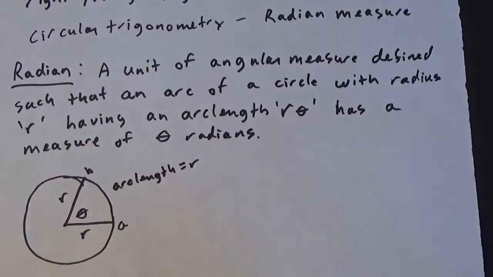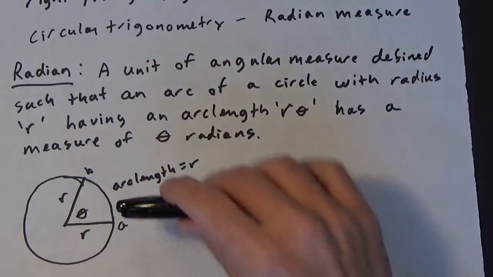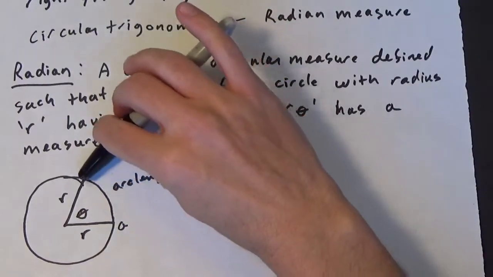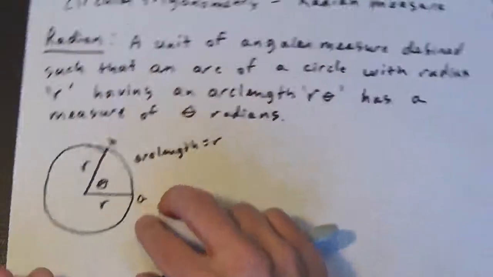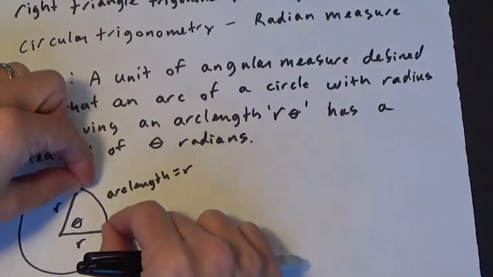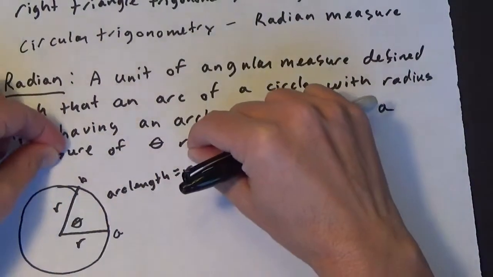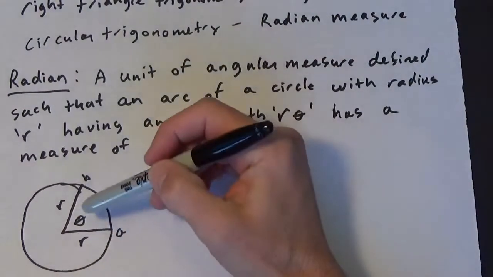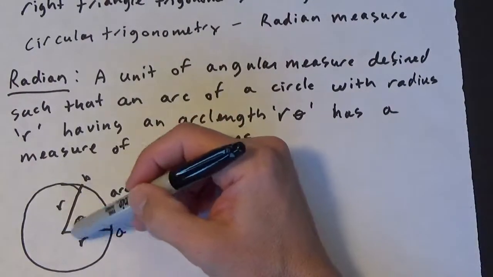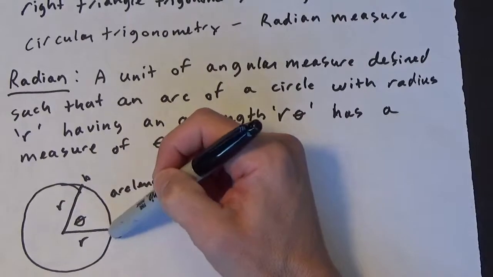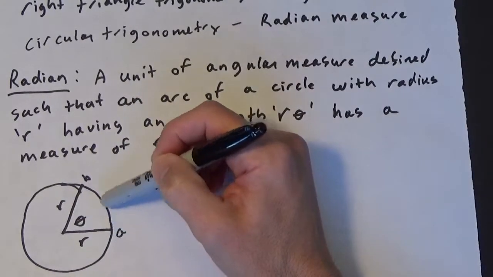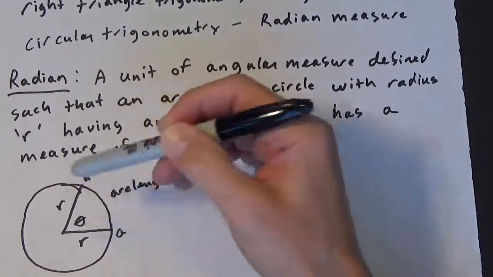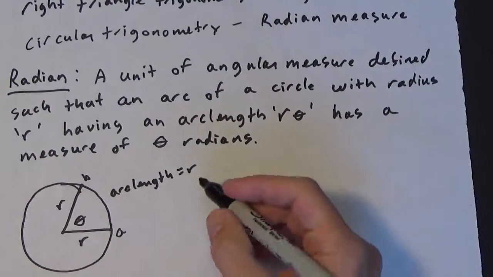So let's go over that again. Remember, arc length is, if I were to take a piece of, say, string and go along this curve and take that string, lift it up and straighten it out, whatever that length is, that's the arc length. So if we create an angle where we have a circle of radius r, and this arc length is also r, the resulting angle theta is 1 radian.